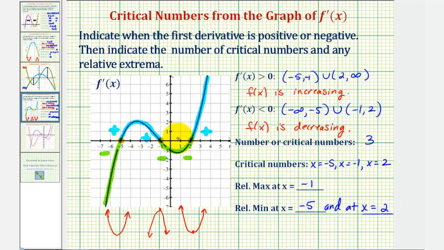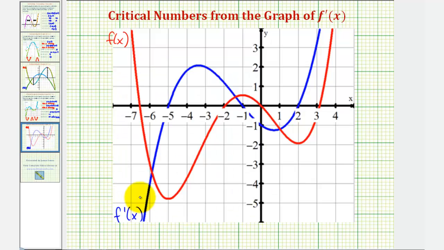Now let's compare the graph of f prime of x and f of x on the same coordinate plane. We have the graph of the derivative function in blue and the graph of the function f of x in red. So first notice where the derivative function is positive, here and here, the red function is increasing, here and here.